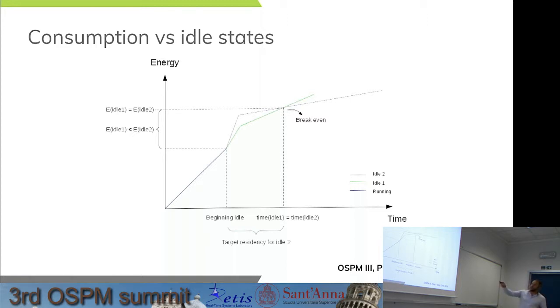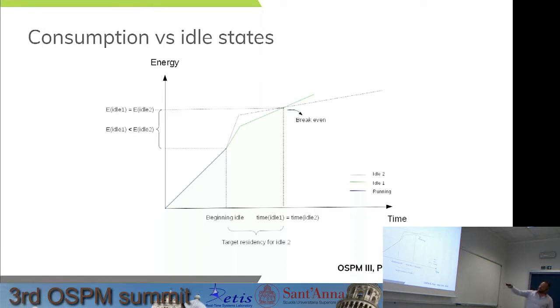So in this figure, here we have a line, which is the energy consumption, so it's cumulative. And here we have the time. Here we are at runtime. Then when we reach the idle moment, we have the choice between one state or the other state. If we choose a shallow idle state, the cost to enter is smaller, so the slope is less steep.